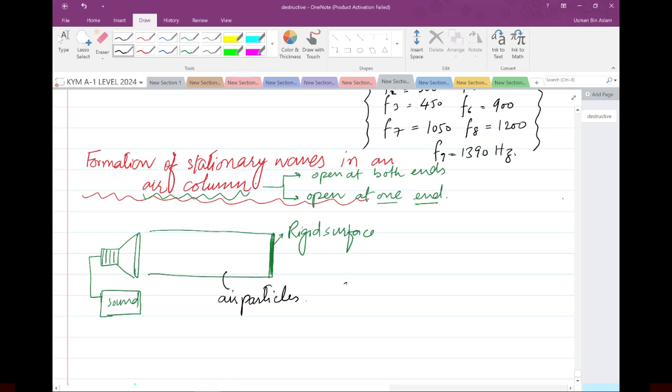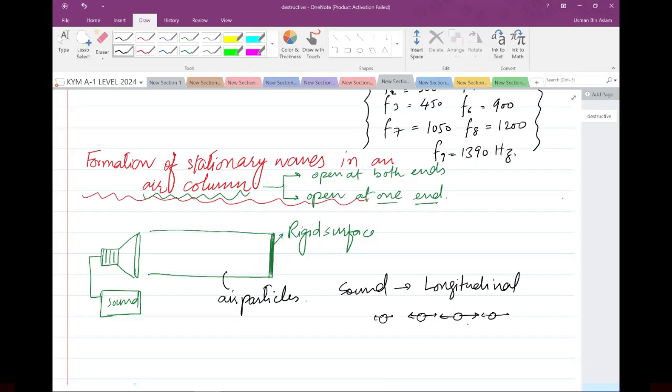We know that sound is a longitudinal wave. What does that mean? The particles of air are going to vibrate back and forth. When a sound wave travels through air, the particles vibrate back and forth, but that is difficult to show in terms of a stationary wave.